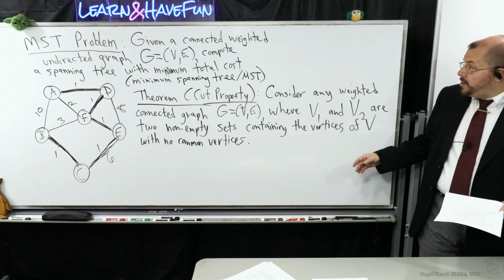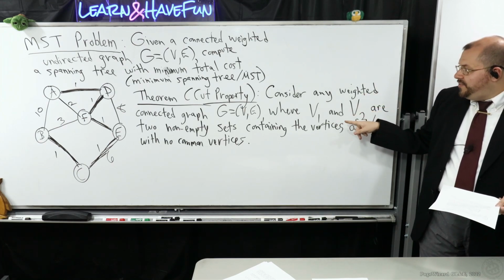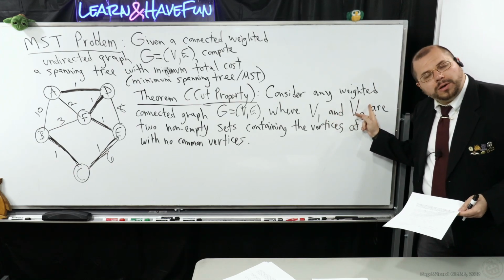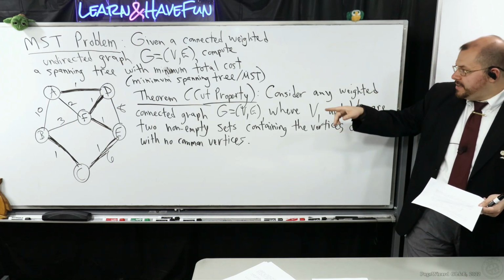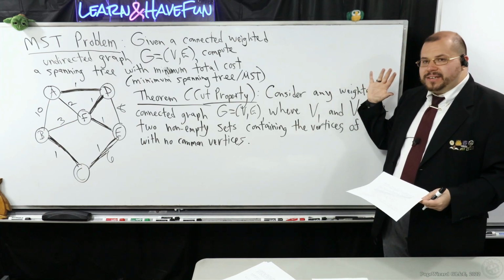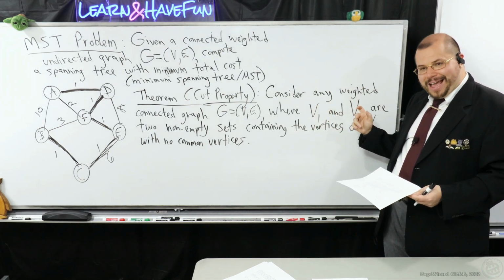For those acquainted with set theory, what I've described is that V1 and V2 are two disjoint sets, they have no elements in common. These two sets partition the set of vertices V. That means all the vertices are going to be in one of these two buckets, V1 or V2, but can't be in both.